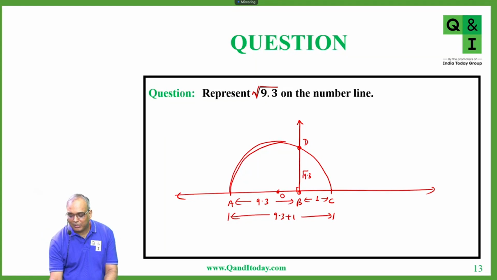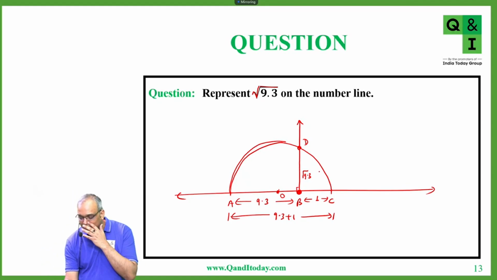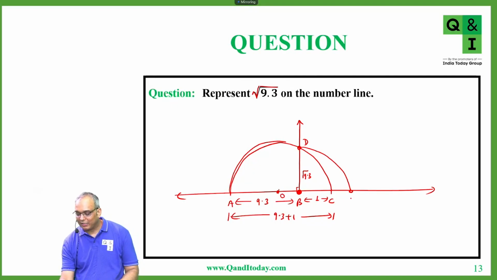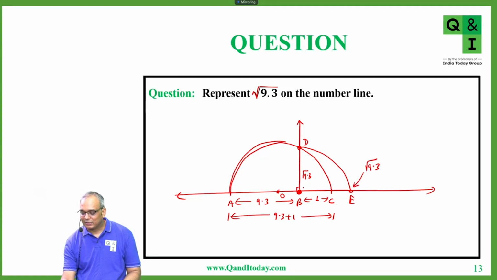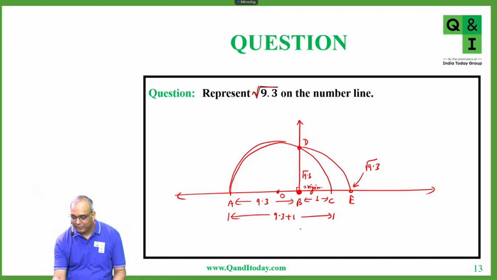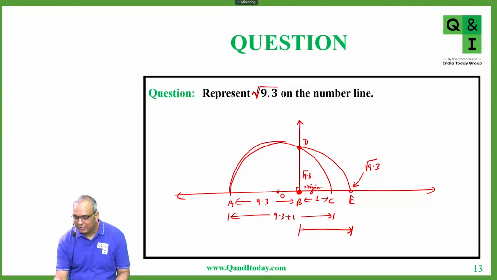So we keep the compass at B, take our arc length as BD, and draw an arc which cuts the number line at point, let's say E. So this point is actually root 9.3, and this point B is the origin. So the distance B to E is actually equal to root 9.3.